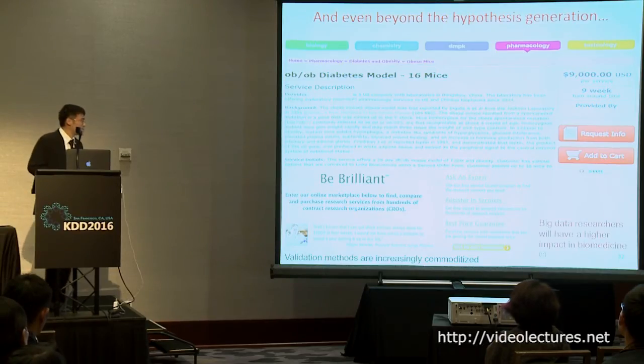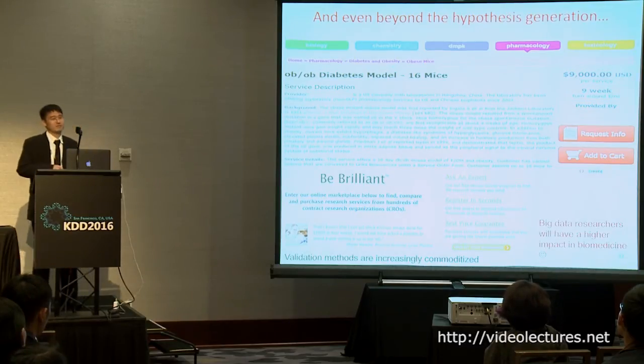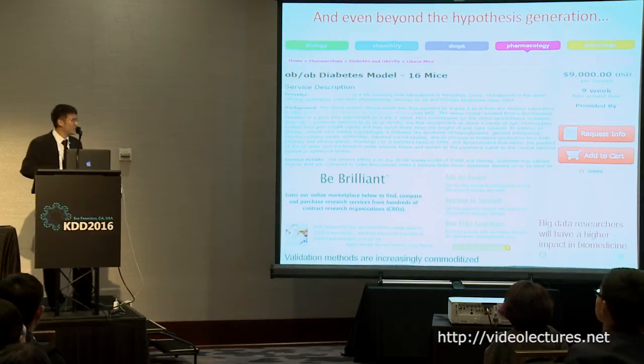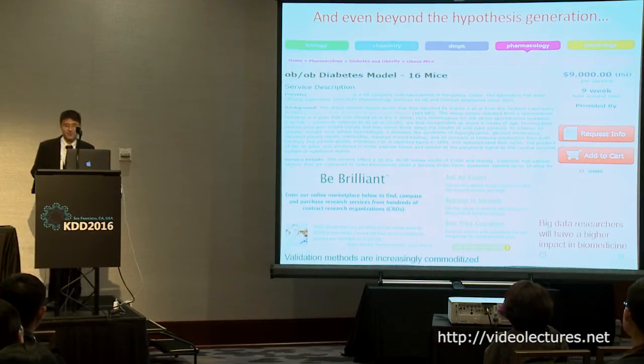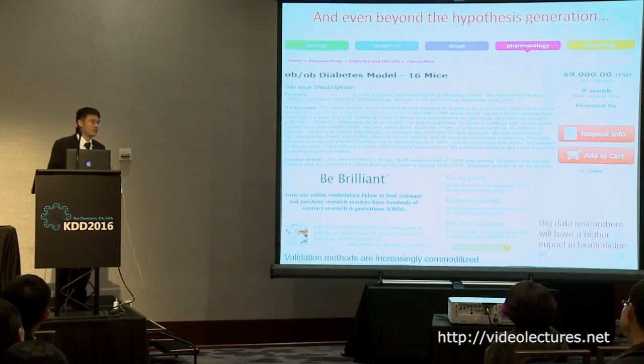So my point is, right now we have a lot of CROs, and we can just send this part of the work to an outside partner, and big data researchers right now have a higher impact in biomedicine. This comes from my research experience, because I work a lot on pharmaceutical company projects, and sometimes we make a lot of good predictions.